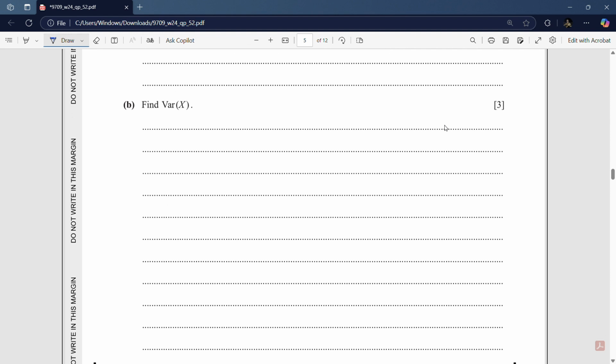So here we should find the variance of x. Variance of x is equal to the mean of x squared minus the square of expected x.